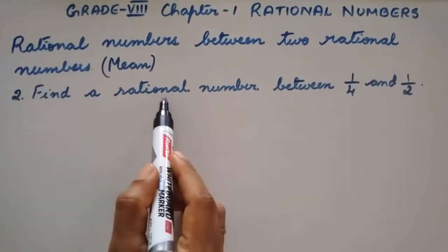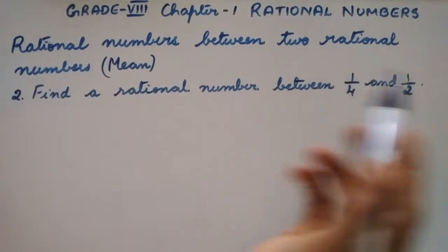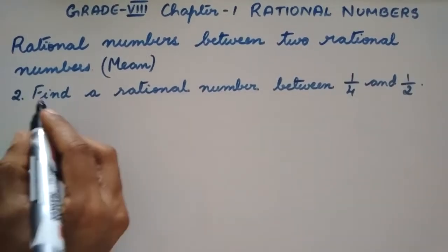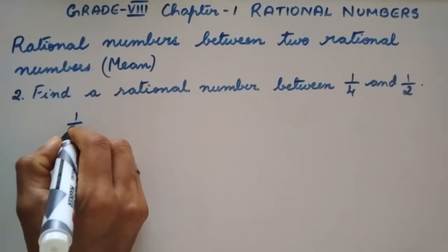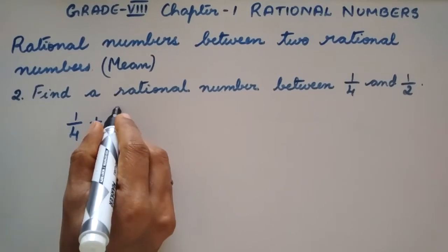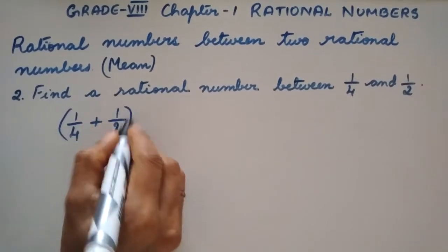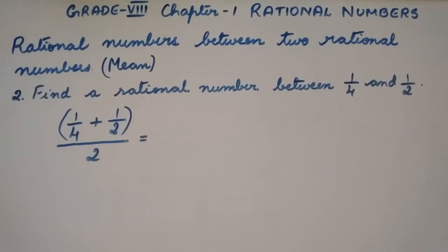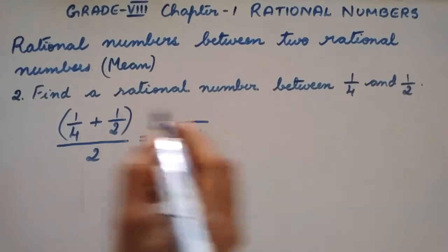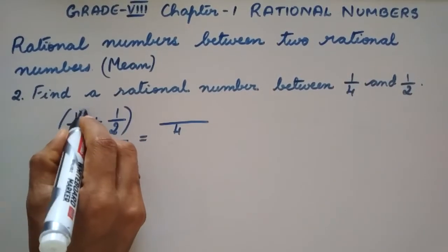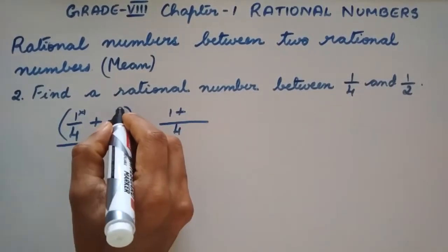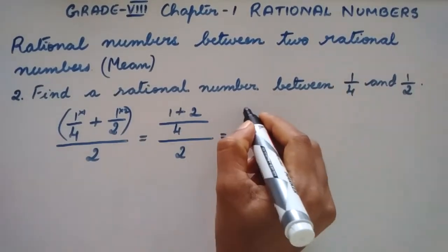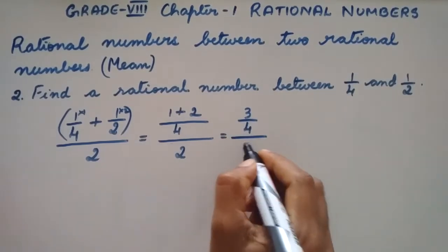Next, find a rational number between 1 by 4 and 1 by 2. Let us find the mean of 1 by 4 and 1 by 2. That is 1 by 4 plus 1 by 2 by 2, which is equal to, what is the LCM of 4 and 2? It is 4. So 1 into 1 is 1 plus 2 2s are 4, so 1 into 2 is 2, by 2, which is equal to 3 by 4 divided by 2.